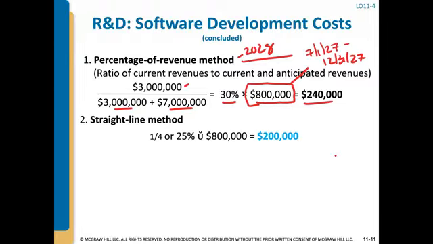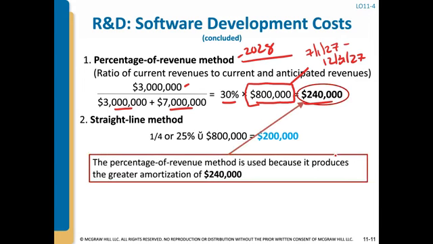We also have to calculate the straight line method. We're going to take our capitalized costs of $800,000, and we think that there's a 4-year useful life for the software, and that gives us $200,000 per year.